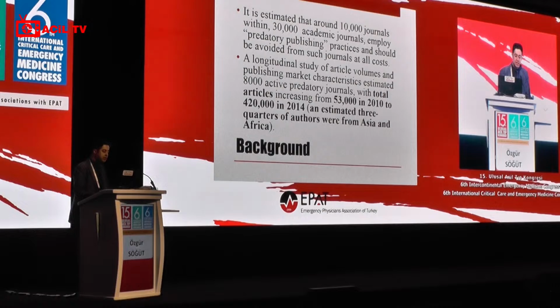A longitudinal study of article volumes and publishing market characteristics estimated 8,000 active predatory journals, with total articles increasing from 53,000 in 2010 to 420,000 in 2014. It has been stated in this study that three quarters of authors were from Asian and African countries.